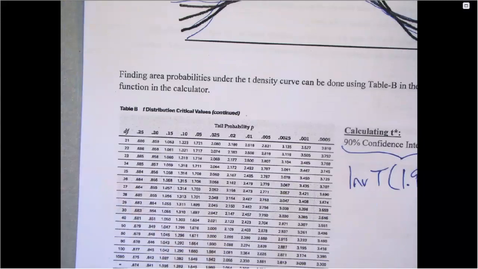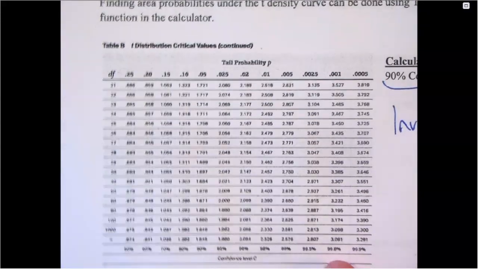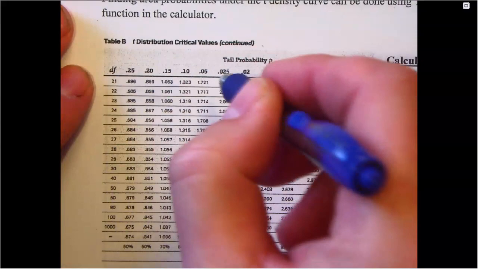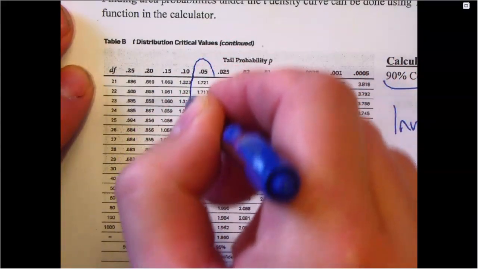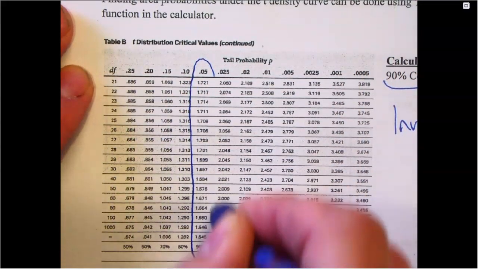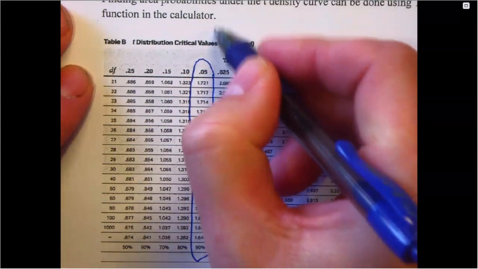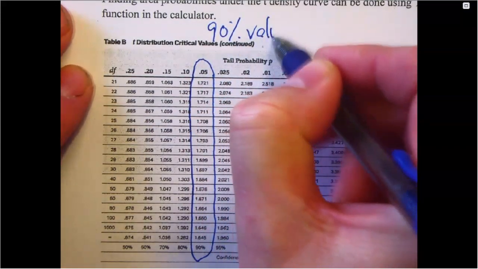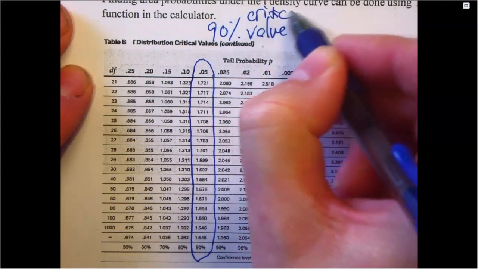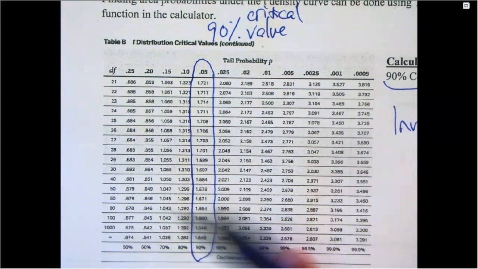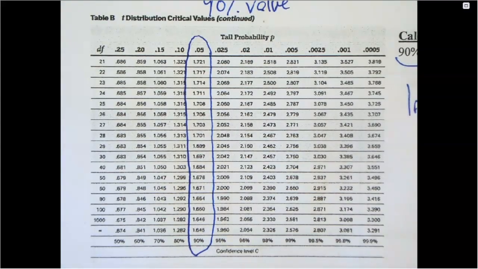Because the value of that t-star changes depending on your sample size. So if you look at this chart over here, let's just focus on one. Let's say this would be a 90% value for the critical value. So look at what happens. First of all, the inverse norm of 1.9 divided by 2 is that. That's your z-star, the actual normal data.